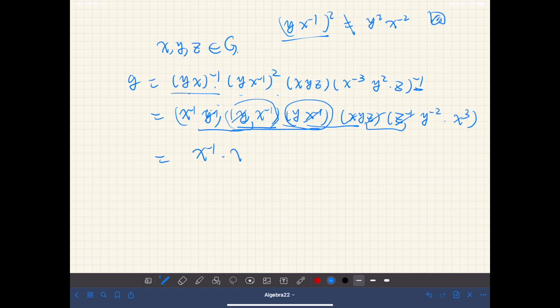X inverse y, y, and y to the power of negative 2, x cubed. Okay, so here we can cancel these two, and we have x to the power of negative 2 times x to the power of 3, and that is x. So that's it.